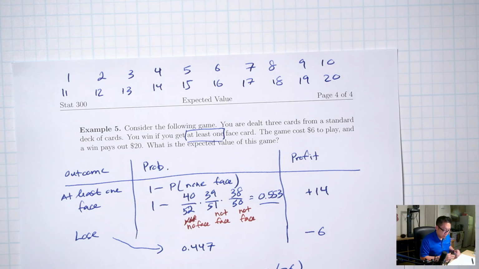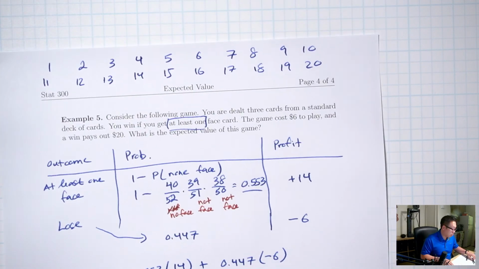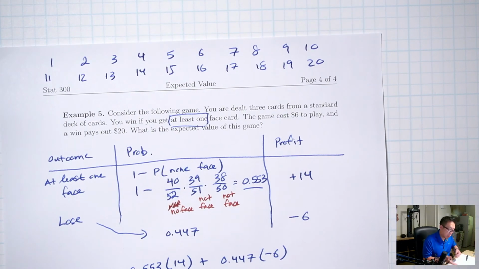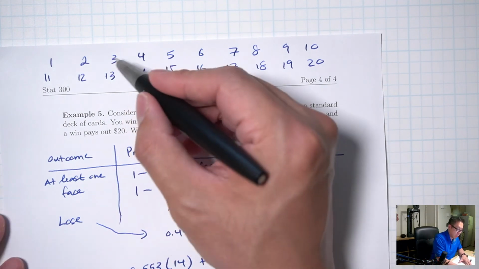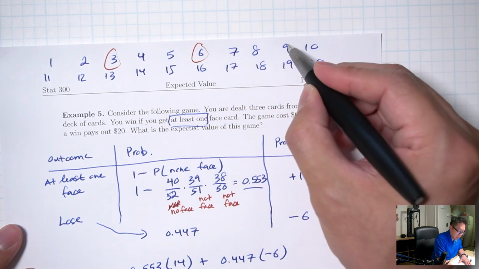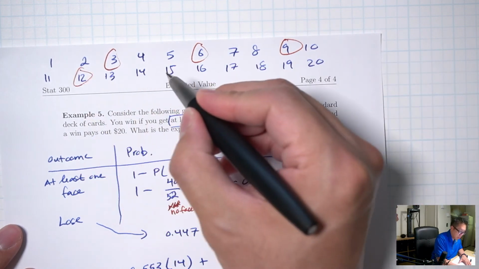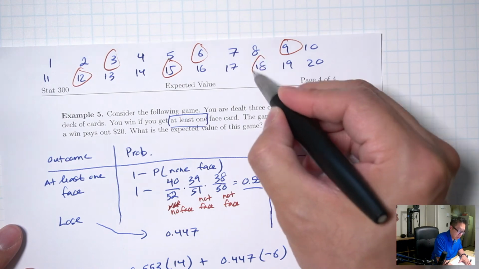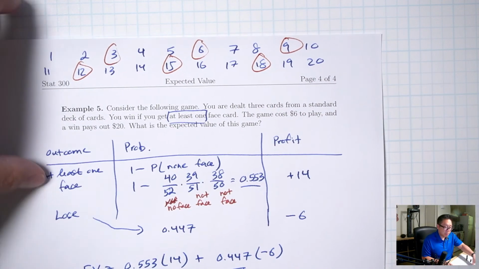I want not a multiple of 3, so let me actually find the multiples of 3 and then I'll count the other stuff. Counting by 3s, it will be 3, plus 3 is 6, plus 3 is 9, plus 3 is 12, plus 3 is 15, plus 3 is 18.